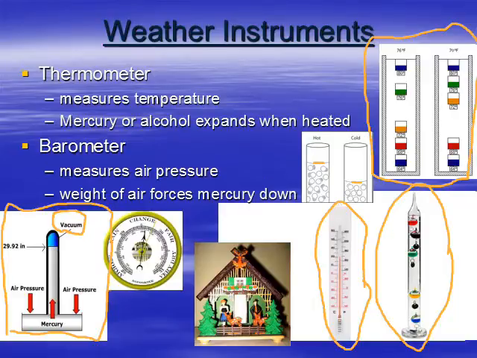I have a barometer like this in my classroom that you can take a look at as well. And this is an old-fashioned kind of barometer that just tells you if the pressure is rising or falling. It does not tell you what the actual air pressure is, like this barometer would or this barometer would.